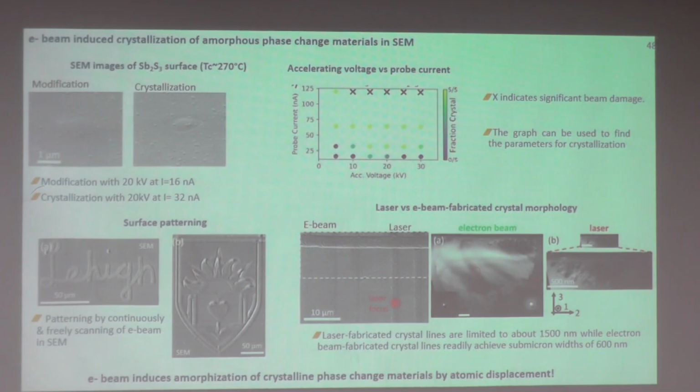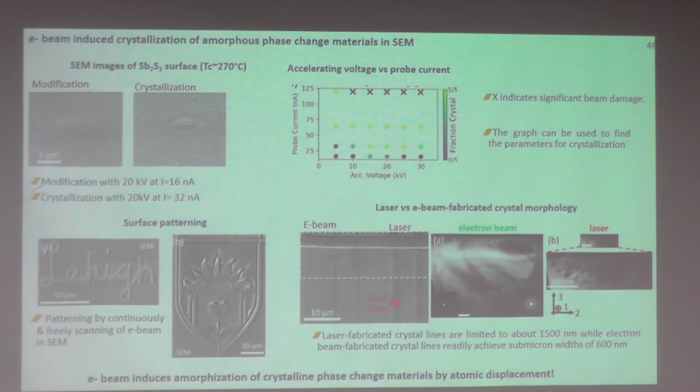But this is an interesting glass in the sense that you can make structural modifications of it. If you start with the amorphous material, you can induce crystalline areas in this material by using a scanning electron beam.